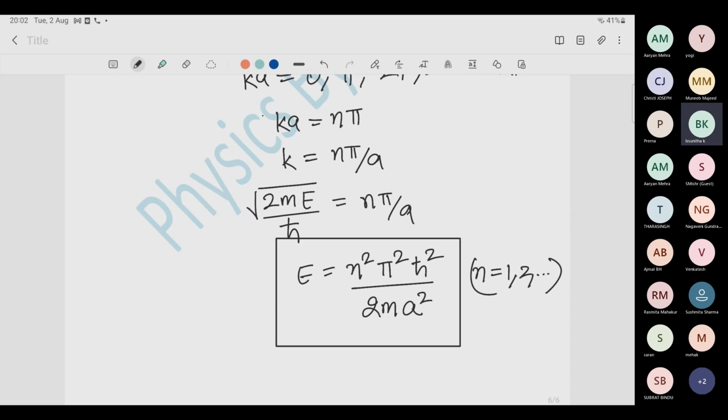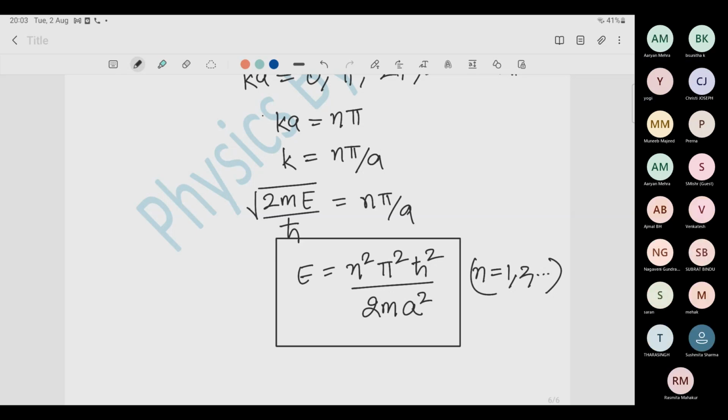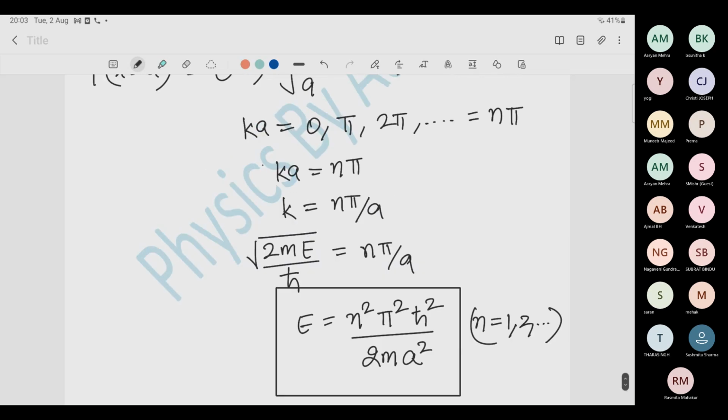The very core question asked in the interview is: who gave you the possible values of energy? Does your Schrodinger wave equation give that? No, my friend. The boundary condition gave you the possible values of energy. So boundary conditions actually define the systems of quantum mechanics.